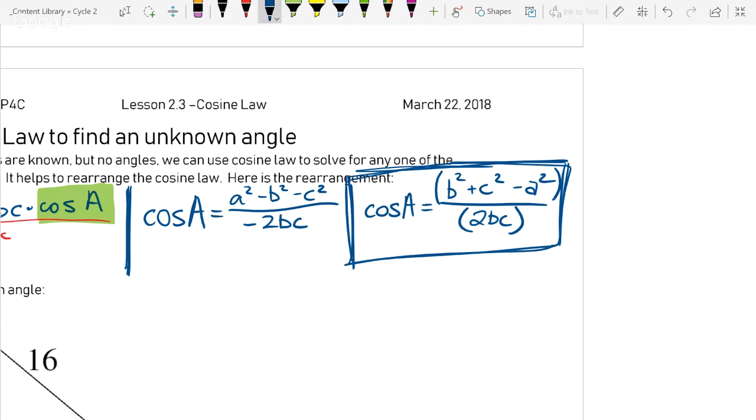Because otherwise what it thinks you're doing is it's saying take b, square it, take c, square it, then subtract a squared divided by 2, then take all of that and multiply it by b, then take all of that and multiply it by c. Your calculator doesn't know that you're trying to make a big fraction. So you have to tell it. And the way we tell a calculator we're making a fraction is we put everything on the top in a big bracket and then divide, and everything in the bottom goes in a big bracket.